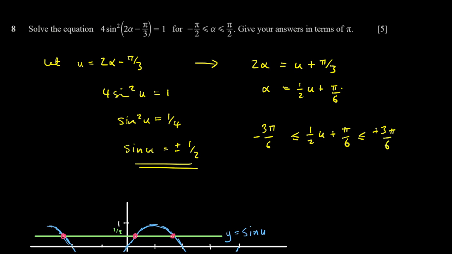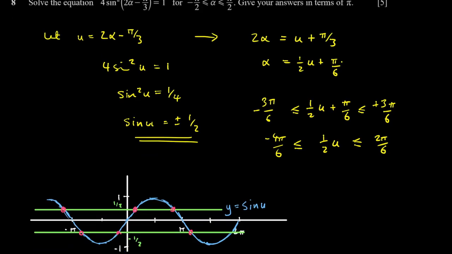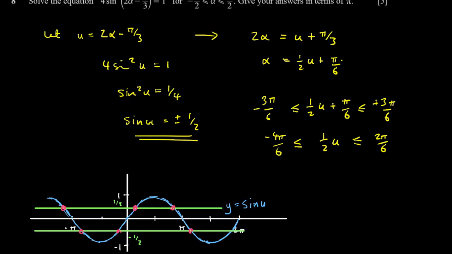Okay, so if I subtract pi by 6 from both sides, I'm going to get minus 4 pi by 6, half u, and 2 pi by 6. And then what I want to do is I want to double both sides. So this will become minus 4 pi upon 3, u, and 2 pi upon 3.